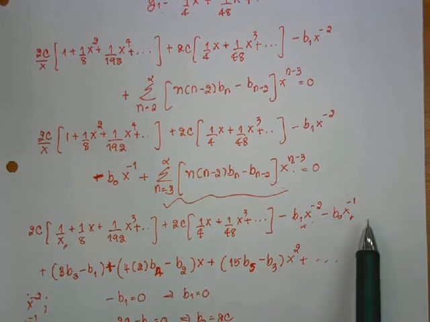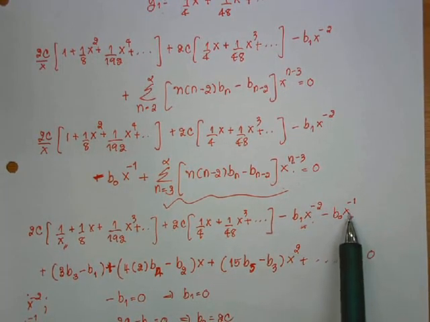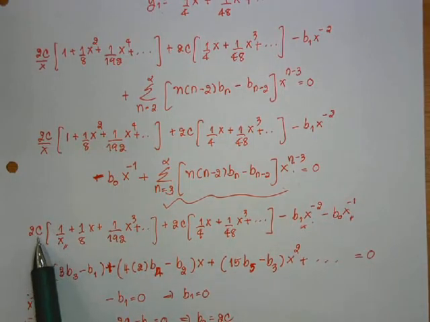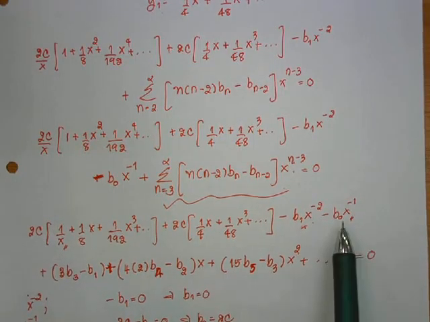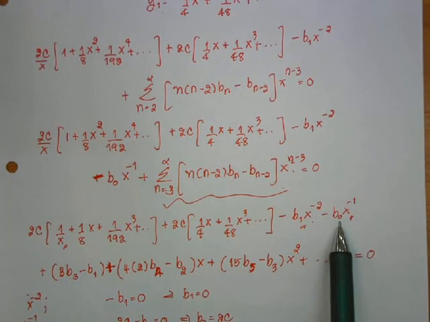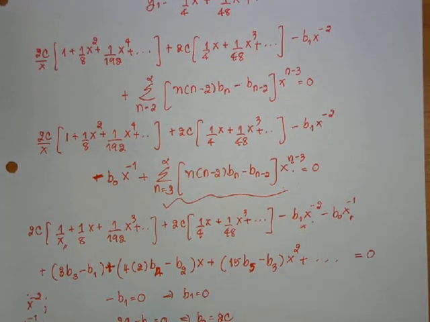And the next term which we are going to do is 1 over x. We have 1 over x somewhere here, 2c. We have b0, and that's it. So we say that 2c minus b0 equals 0, so b0 is equal to 2c.